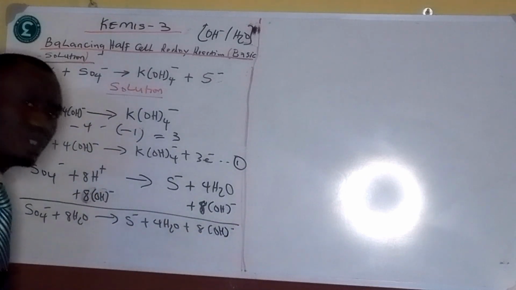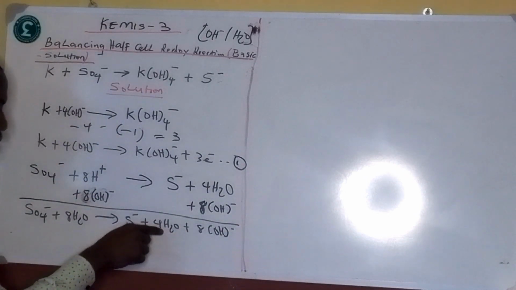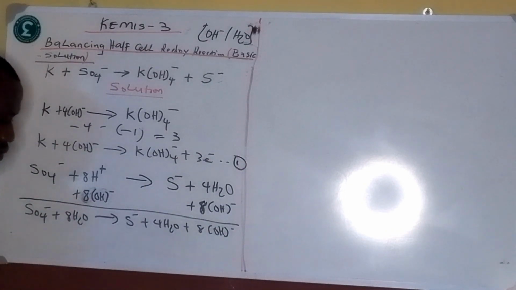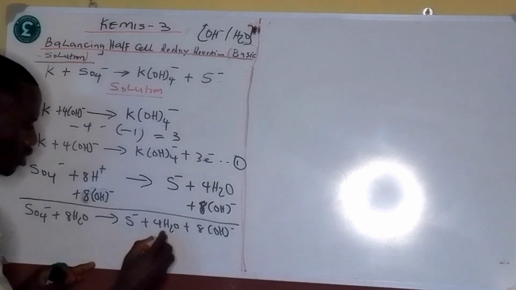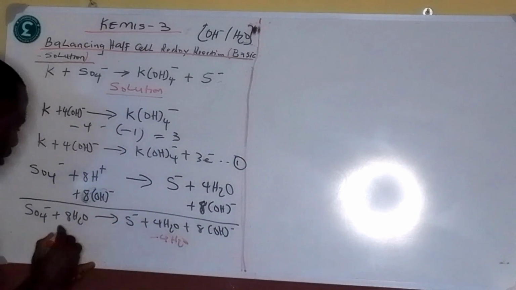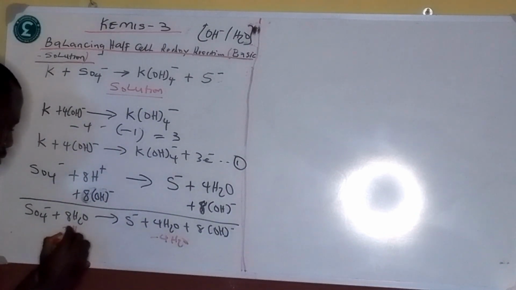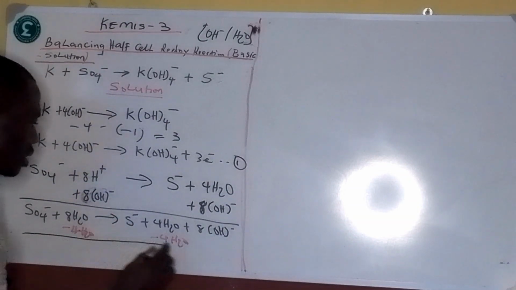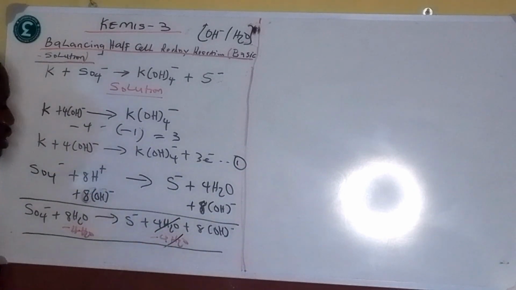Now, I can reduce this equation because I have water molecules on both sides. If I subtract 4H2O from both sides, notice that 4 will cancel 4.